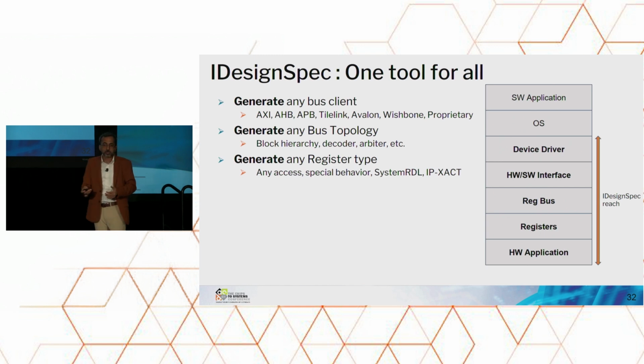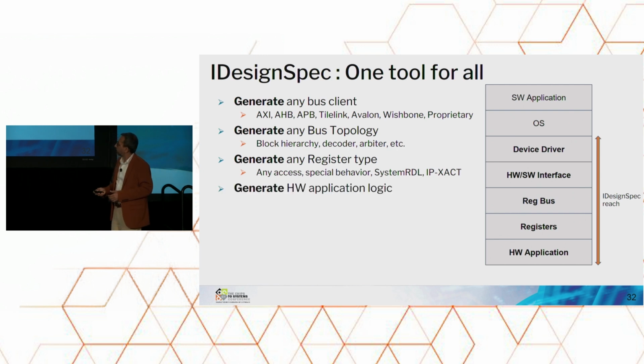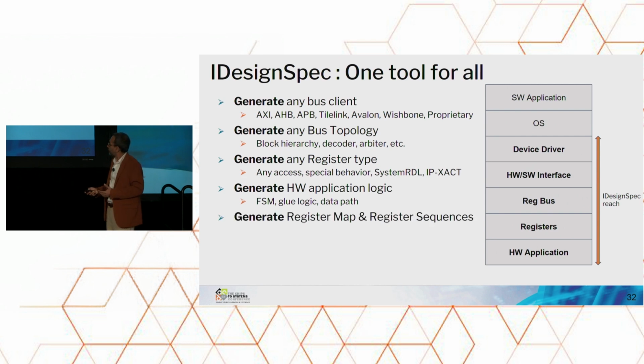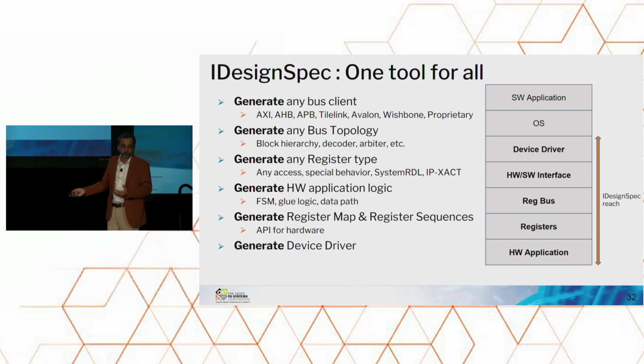Use SystemRDL, IP-XACT. Generate hardware application logic. So FSM, glue logic, data path, you can use that. Generate register map and register sequences. And basically from that, generate the API for the hardware, which is used to generate the device driver.